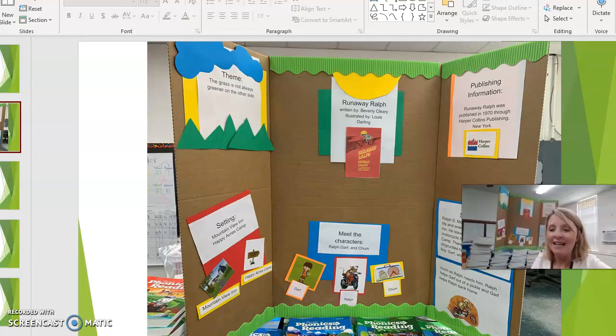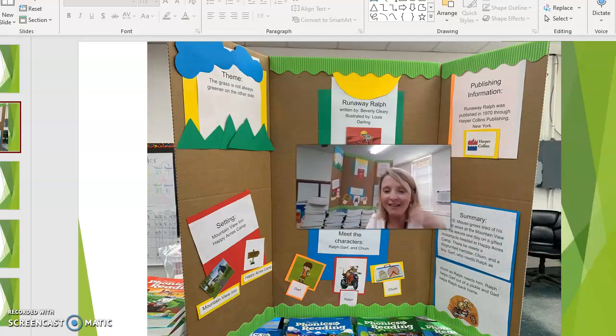So those are our characters, and that's where our conflict and our events of our story are set around. They're set around Garth, Ralph, and Tom's relationships.